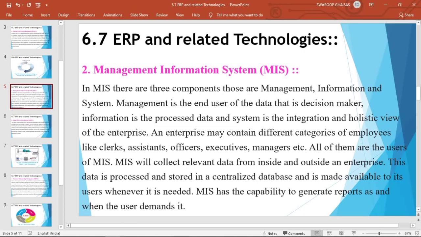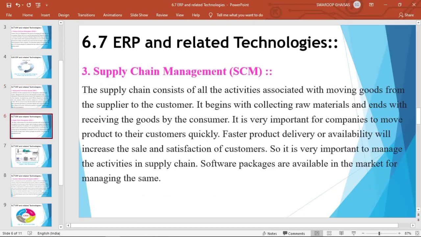MIS has the capability to generate reports as and when the user demands it. Since all the data inside and outside of an enterprise is maintained in a centralized database, MIS can generate reports immediately whenever the user demands it. So that is about the second technology, management information system.